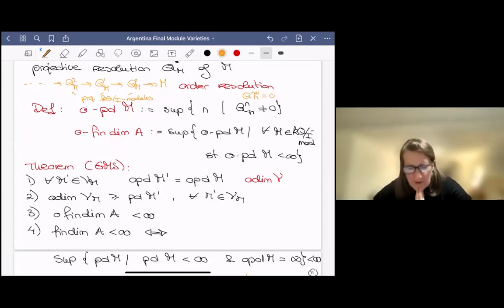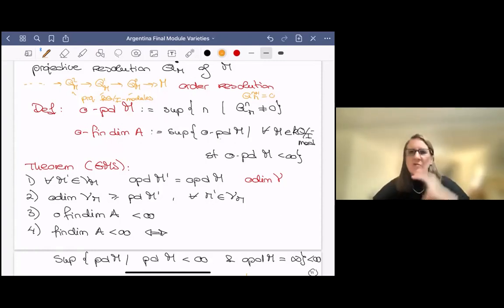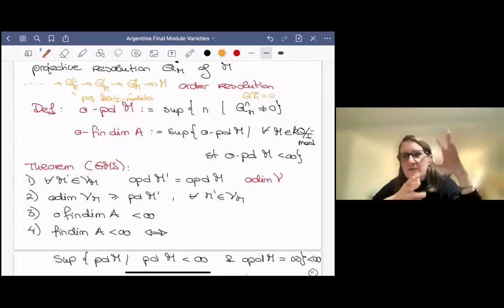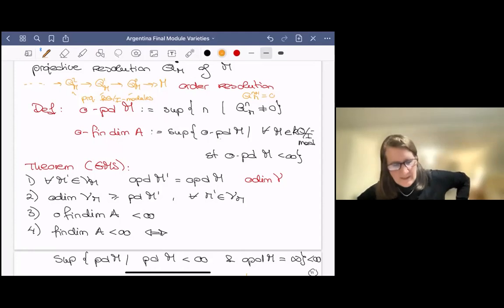No. There is an action of a group, but it's a subgroup of the automorphism group of your projective. So it's not the general linear group, because we consider KQI modules and not KQ modules. There is a group action, and we can show that two modules in the same orbit are isomorphic, but we cannot show that two isomorphic modules are in the same orbit.